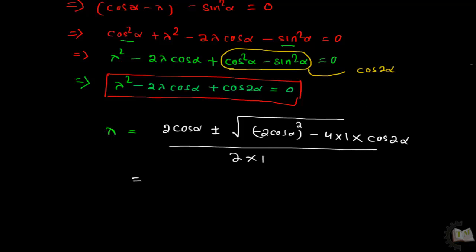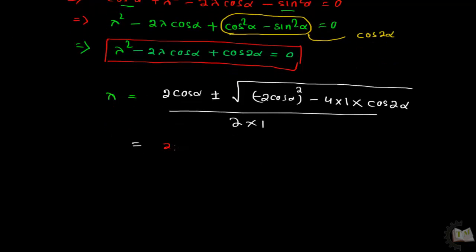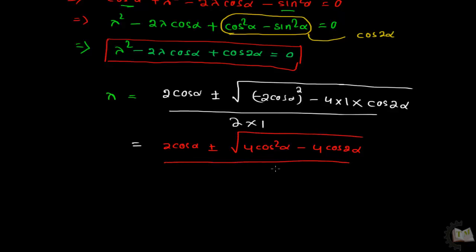And next, just simplify it. That will be 2 cos alpha plus or minus square root of 4 cos square alpha minus 4 cos 2 alpha, divided by 2. And now write down again 2 cos alpha plus or minus 4 cos square alpha.